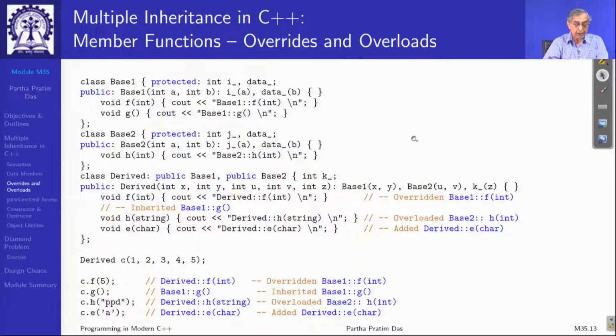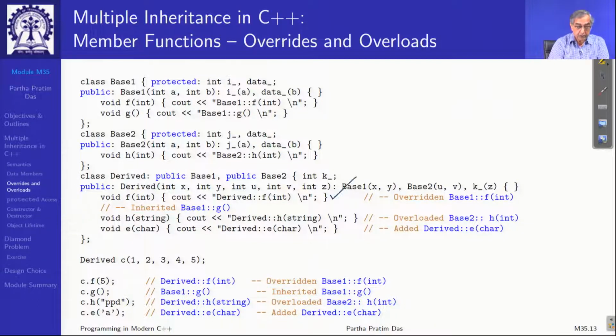Let us look at an example. We have Base1, we have Base2, and we have a Derived class which derives from these two base classes. Base1 has two methods f and g, and Base2 has one method h. Now, let us look at what the derived class is doing.